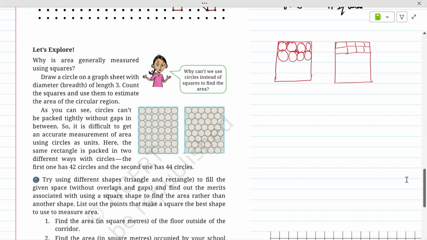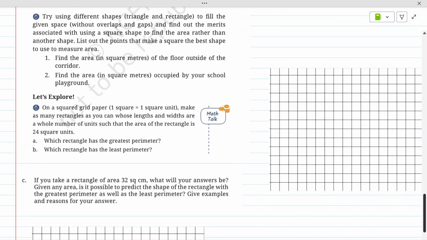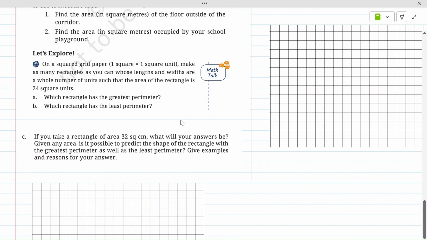Now, next, let's explore another activity. On a square grid paper, I have taken a square grid paper here. One square is equal to one square unit, which we saw. Now, make as many rectangles as you can whose length and width are a whole number of units such that the area of a rectangle is 24 square units.